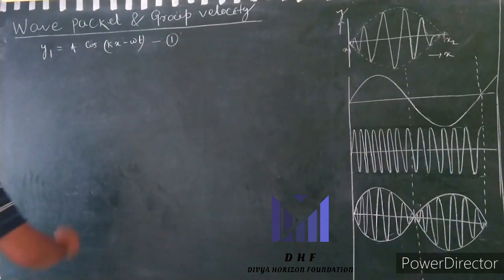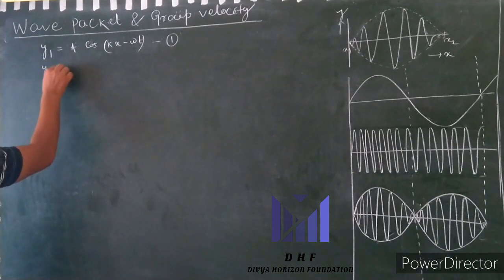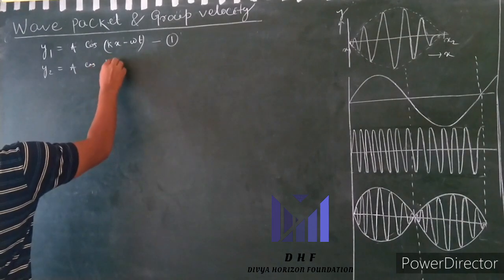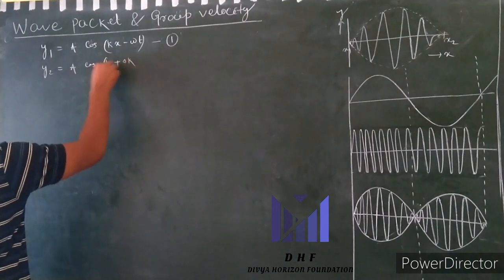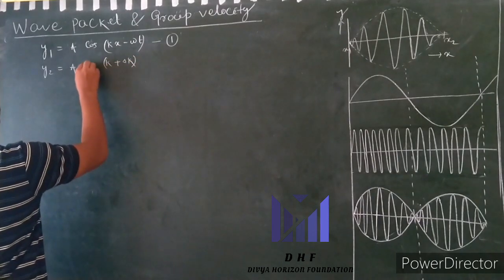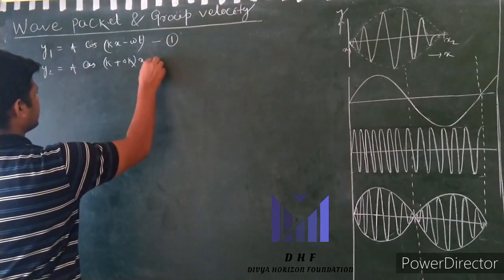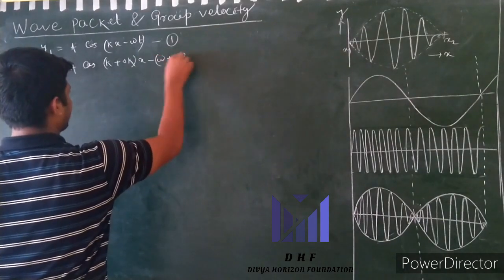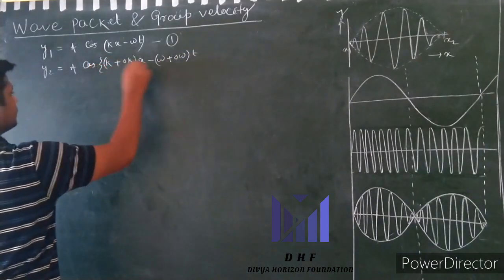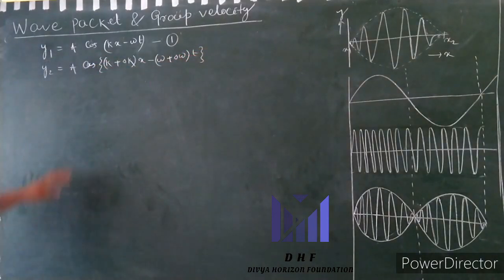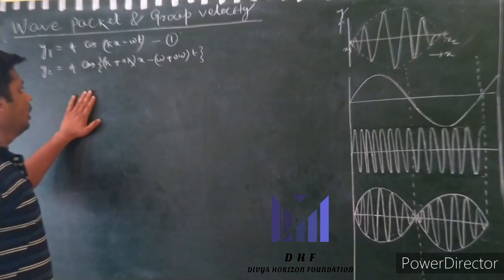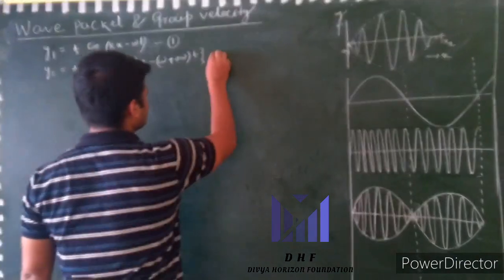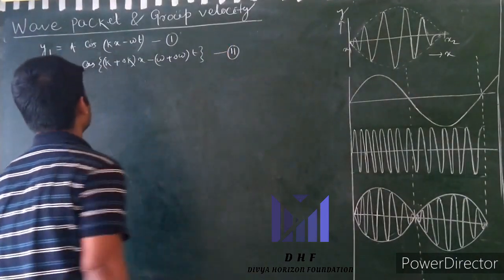And the second monochromatic wave is given by y2 is equal to a cos((k plus del k) into x minus (omega plus del omega) into t). These are the two monochromatic waves of slightly different k and slightly different omega. Let this be equation 2.